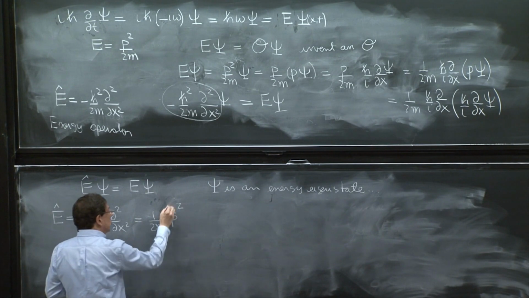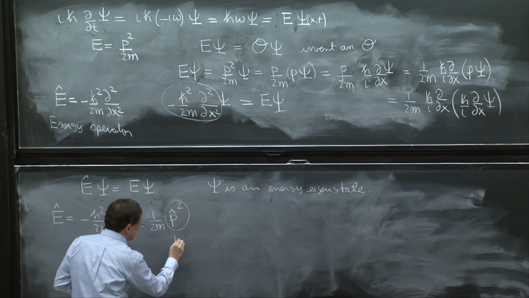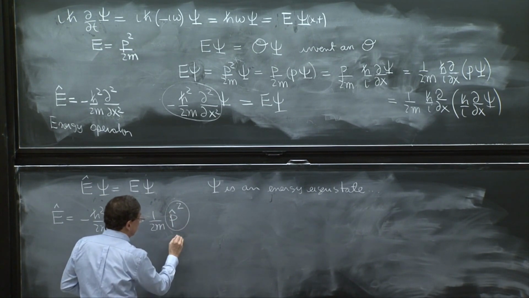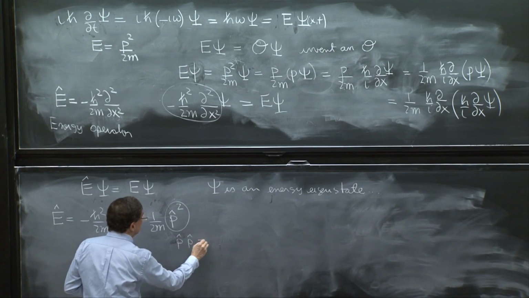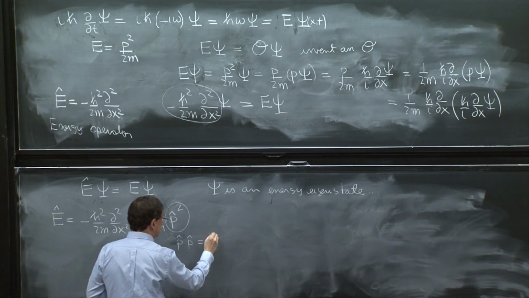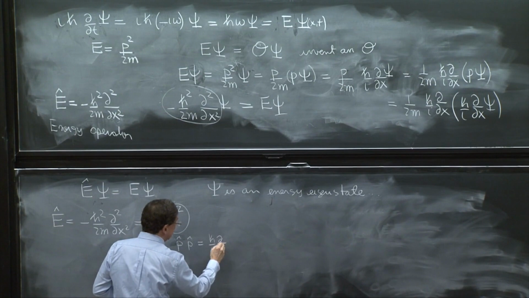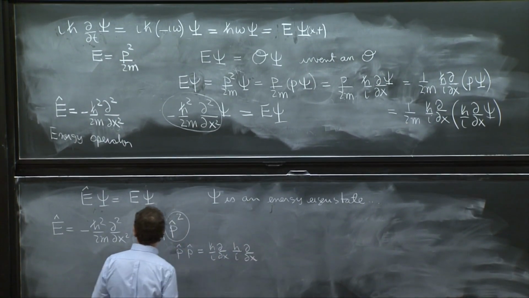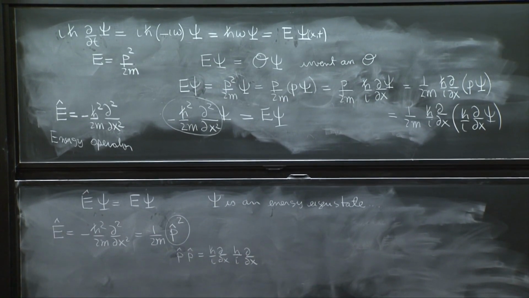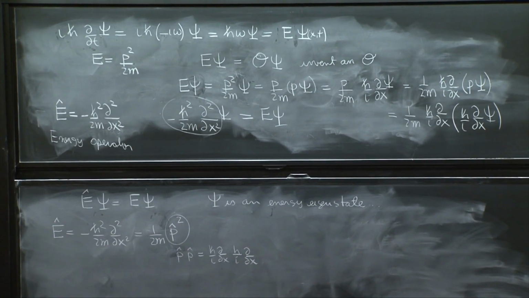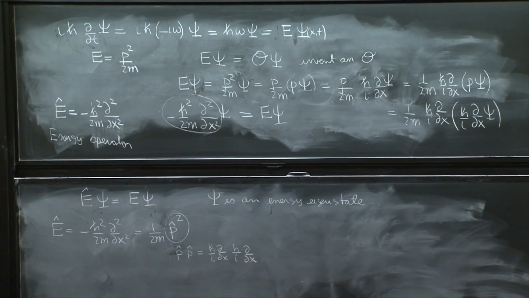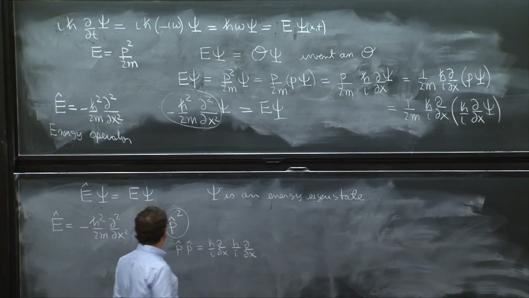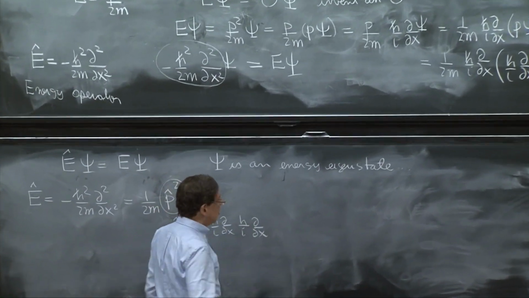So if you do this computation, how much is this? This is p hat times p hat. That's p hat squared, and that's h over i d/dx, h over i d/dx. And that gives you the answer. So the energy operator is p hat squared over 2m.